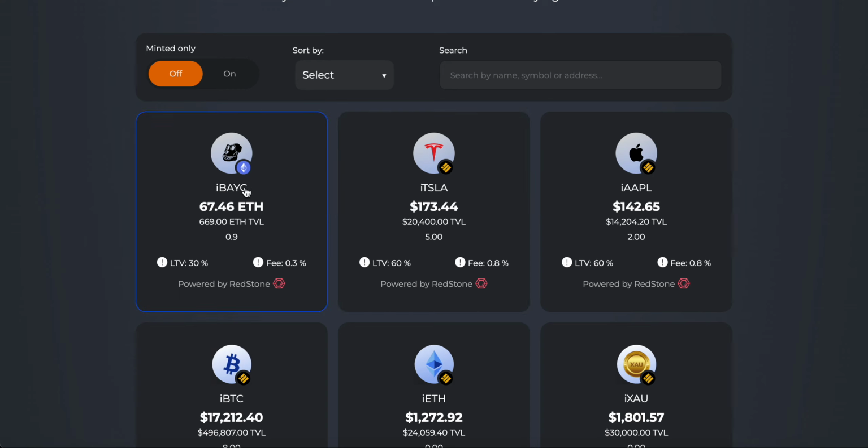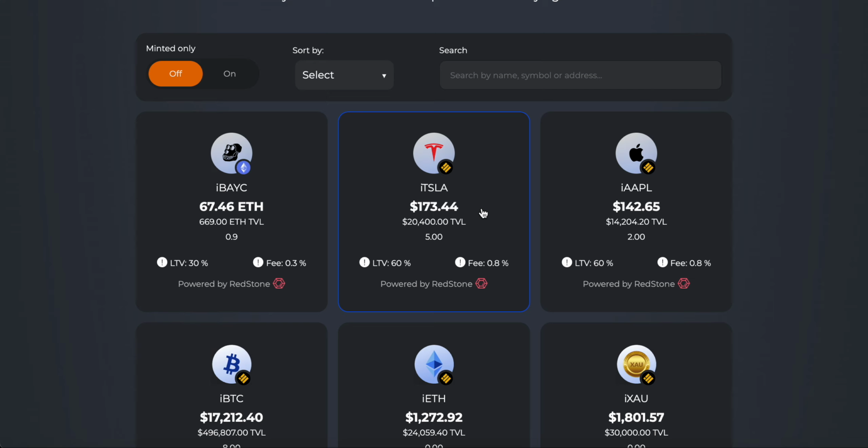Below is the symbol of the synthetic asset, which is usually the symbol of the underlying preceded by an I, the I standing for Interest Protocol. Below is the price of the underlying asset, which is the same as the price of the synthetic token. In this case, the floor price for this collection from OpenSea is 67 ETH.